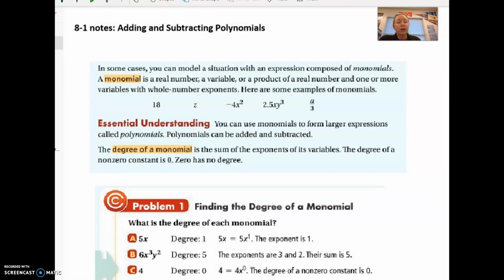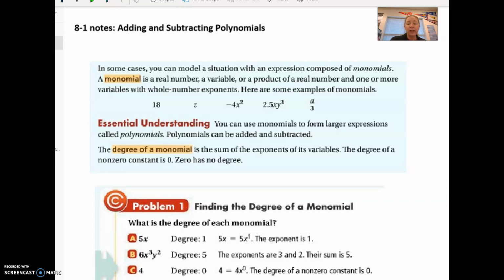And we can use monomials to put them together to form larger expressions, and these are called polynomials. A polynomial can be added or subtracted. Now, before we get to that, the degree of a monomial is basically just the sum of the exponents of its variables.